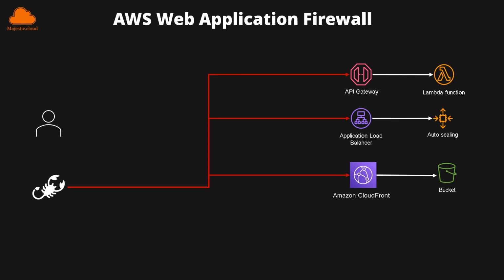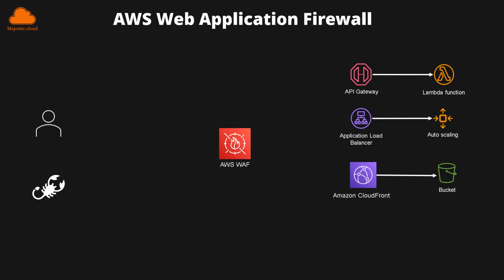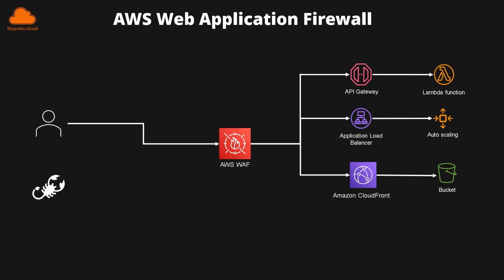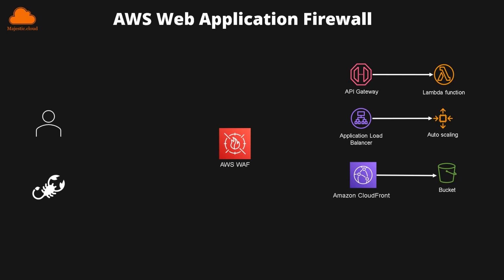And the Web Application Firewall allows you to do that. So you can actually add AWS WAF in front of these types of systems. And then your users can make the request and they will be accepted and sent to those endpoints. But if a bad actor sends a request, then that request will be blocked based on certain rules that you set up.